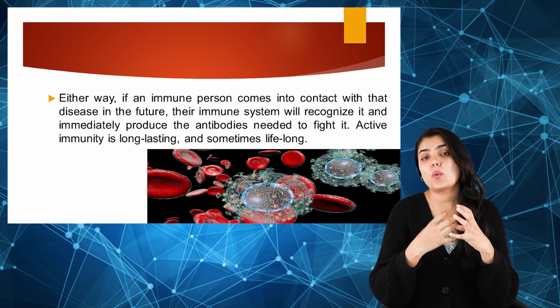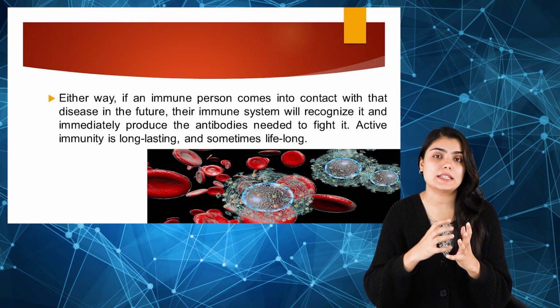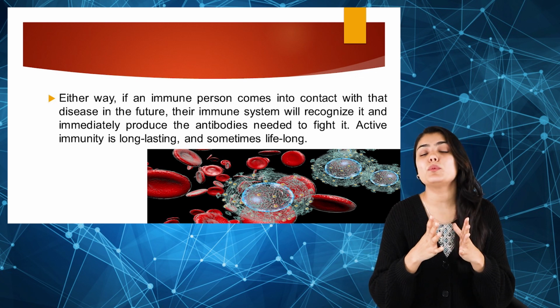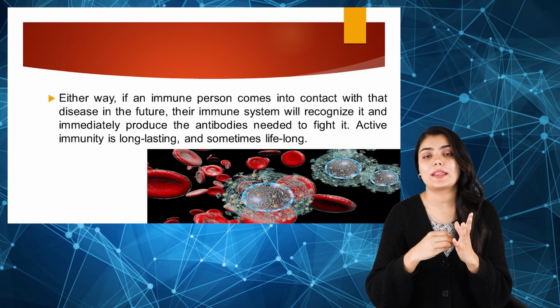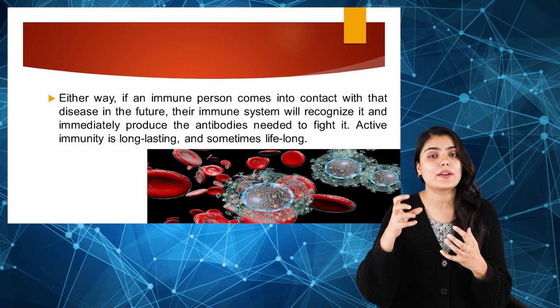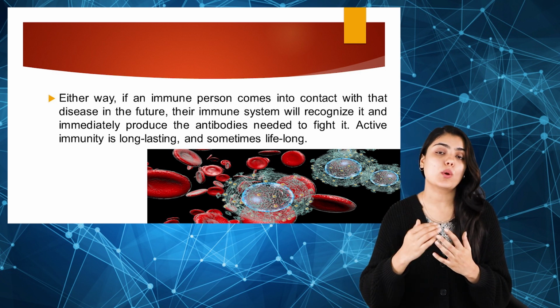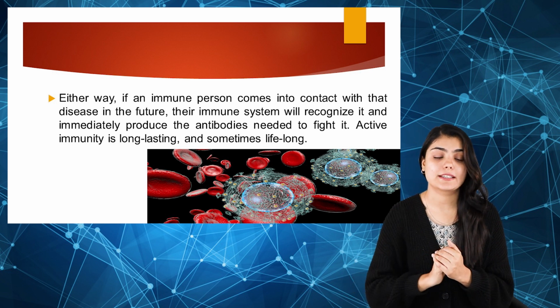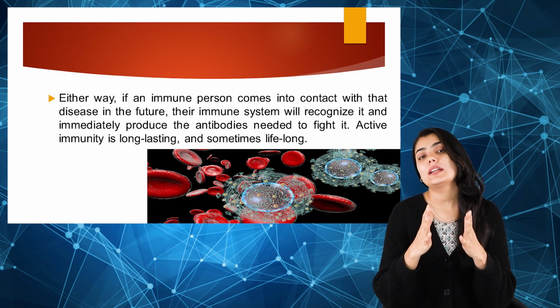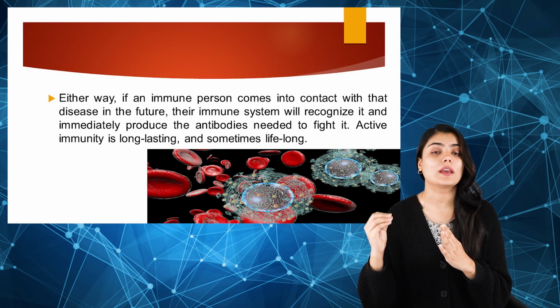So whether it is acquired naturally or whether it is vaccine-induced immunity, both work in the same way. In future, if the immune person comes in contact with the pathogenic microorganism, the immune system will recognize the bacteria, the virus, or any other pathogen immediately and start to produce antibodies against that particular disease. Active immunity is long-lasting immunity, and sometimes it can also be a lifelong immunity.